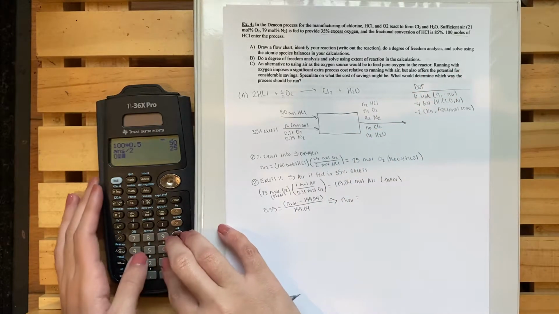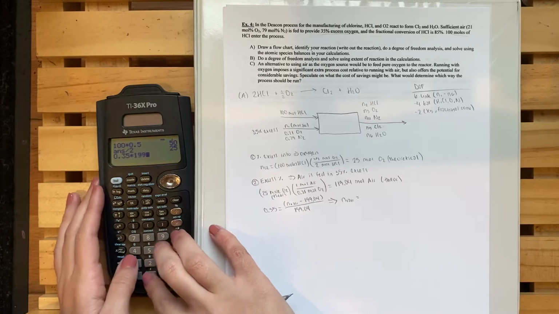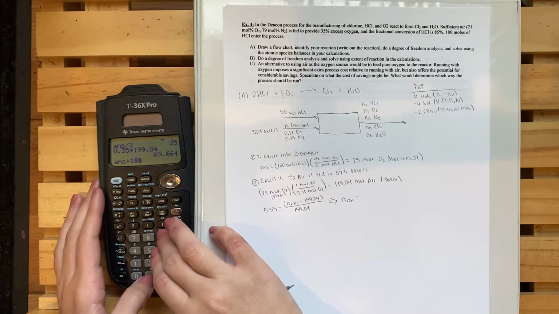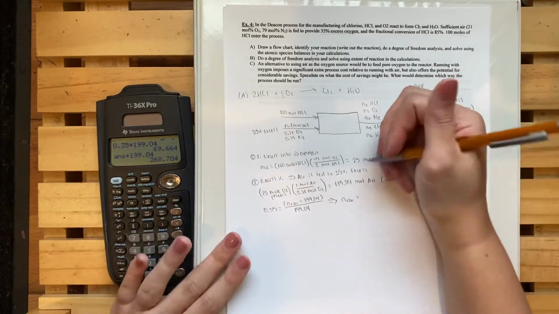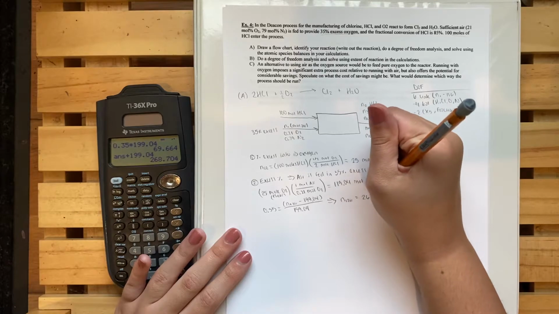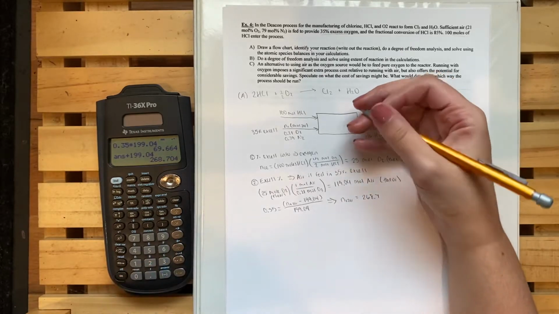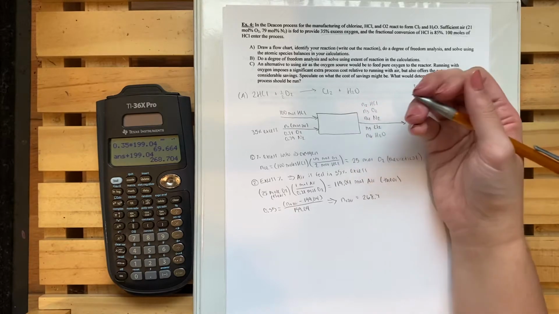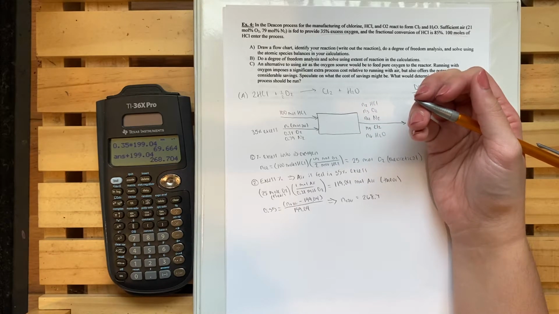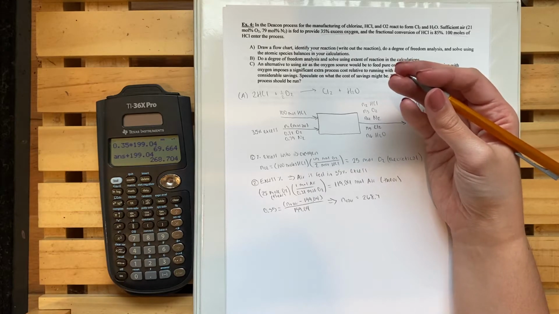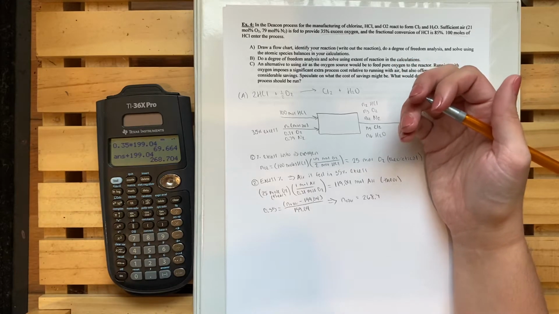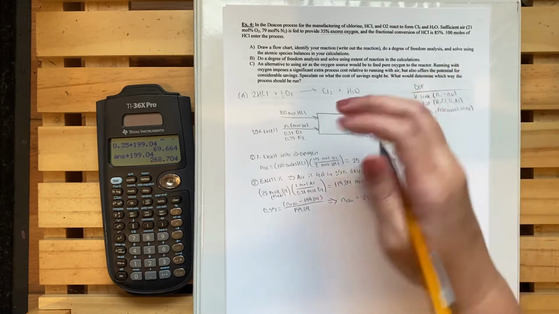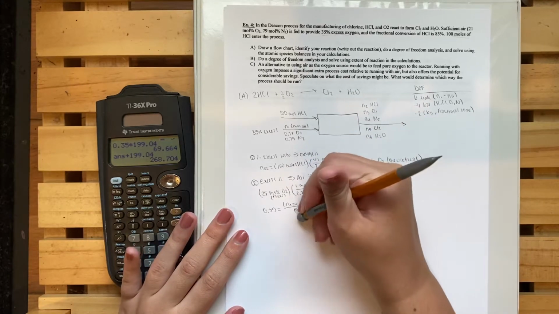And for that we get that we are feeding 268.7 moles of air to the process. That doesn't seem right. It's because I wrote this wrong.